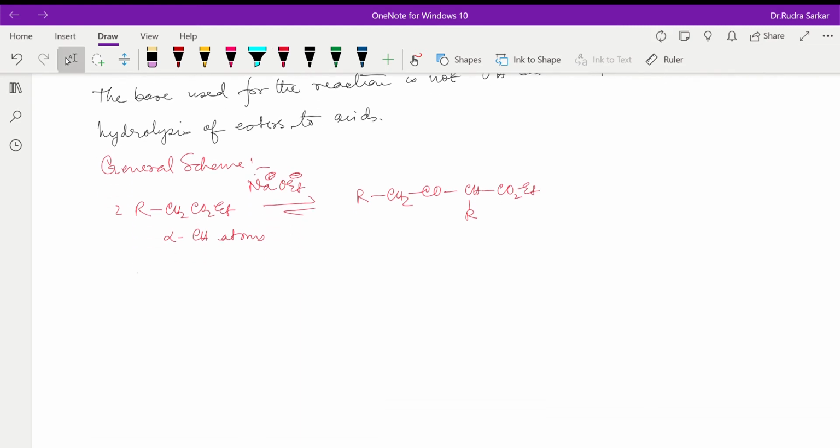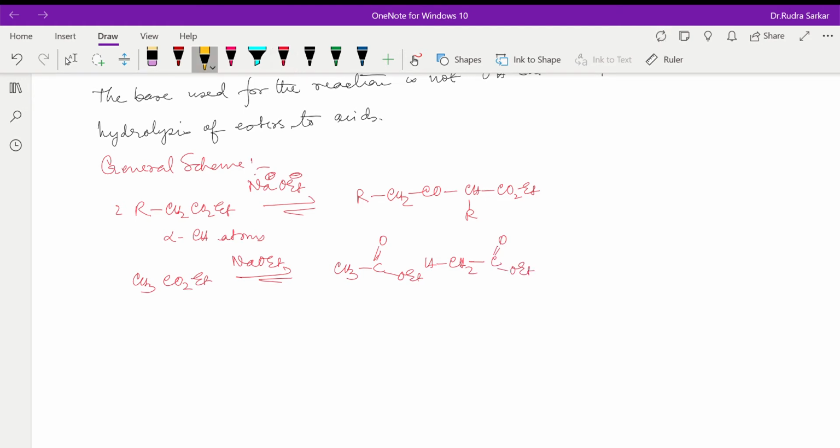So suppose you are using CH3CO2, then think of it as CH3COET and a hydrogen that is there with the alpha carbon next to the ester of the other ester.